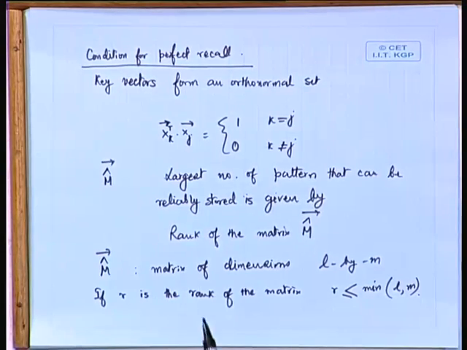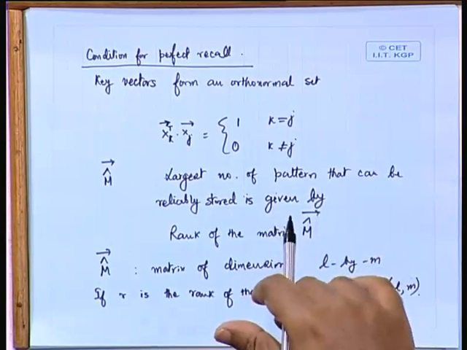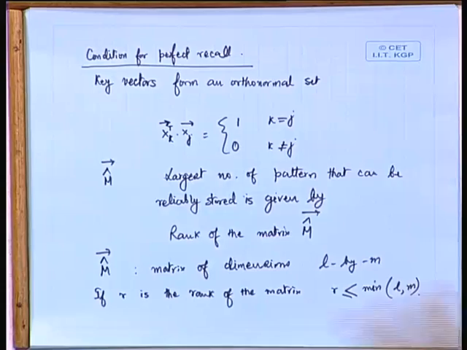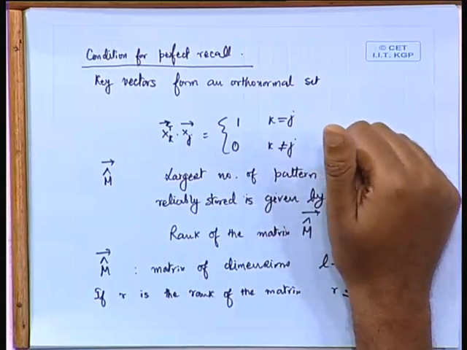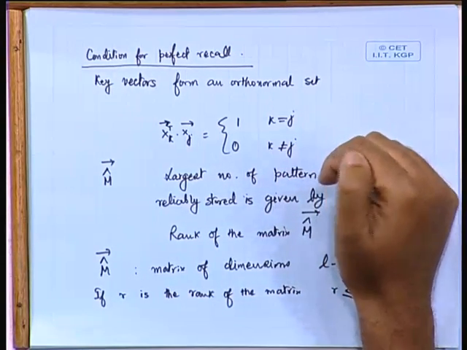Now, although we have already established the condition of the perfect recall, the question that should come to our mind is, is this condition fulfilled by all the real life cases? In fact, they are not.